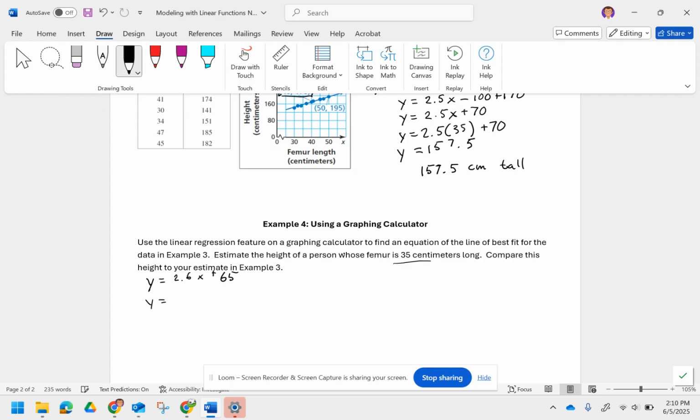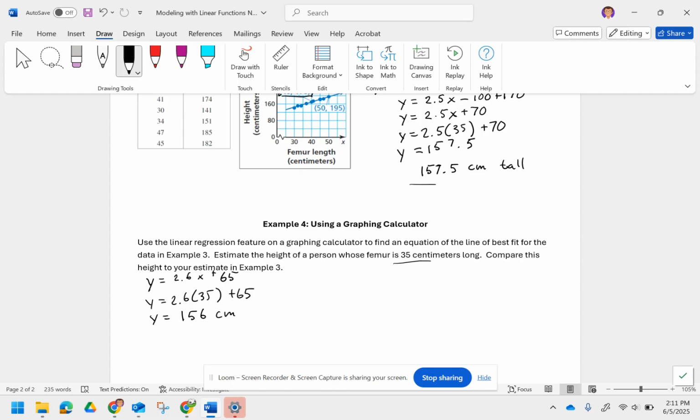So let's do y is equal to 2.6 times 35 plus 65. Okay. And then that should give us 156 centimeters.